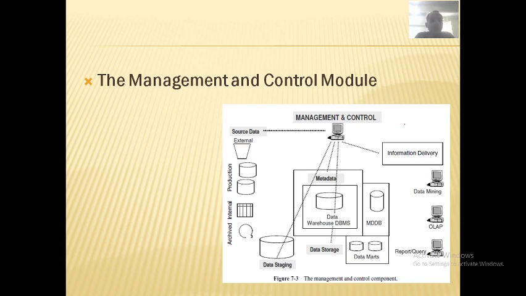First, constantly monitoring all the ongoing operations. What operation is going on at the source data, which operation is going on at the data staging, what operation is going on in the data warehouse or data mart, in the metadata, or in any of the information delivery system. Its first function is to monitor all the currently ongoing functions.